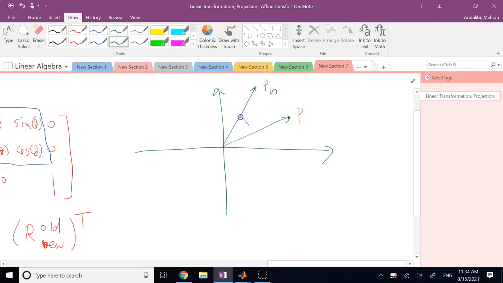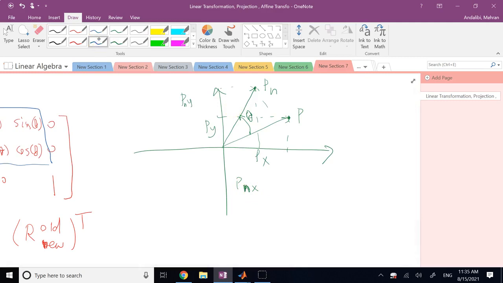And this rotation angle is theta, and I want to see, if the coordinates of the original point were px and py, what are the coordinates of this new point, pnx and pny. So we want to find pnx and pny in terms of px and py, not backwards.